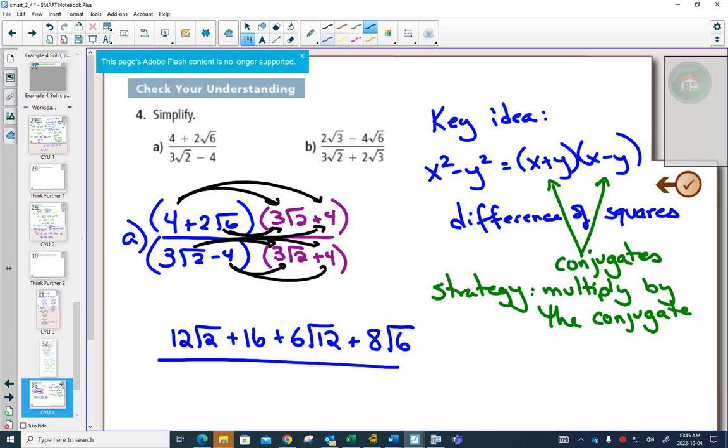On the bottom, if you recognize that it's a difference of squares and you understand that, please use the shortcut. You know that it's just going to be the first one squared minus the last one squared. 3 root 2 times 3 root 2, that's going to be, well, 3 times 3 is 9, and the root 2 times the root 2 will be 2, minus 4 times 4, 16.